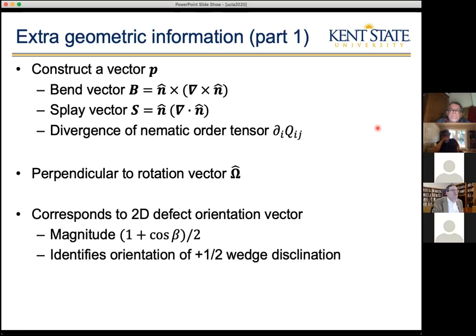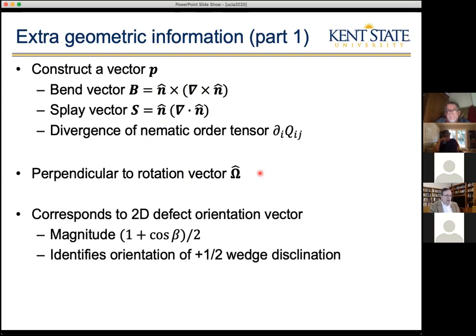Okay? So for the extra geometric information, well, part one is I can make a vector. There are various ways to make a vector, and I'll skip over how to do it. But whatever it is, I can make a vector through derivatives of the director or derivatives of the Q-tensor. It's a vector that comes out to be perpendicular to the rotation vector.